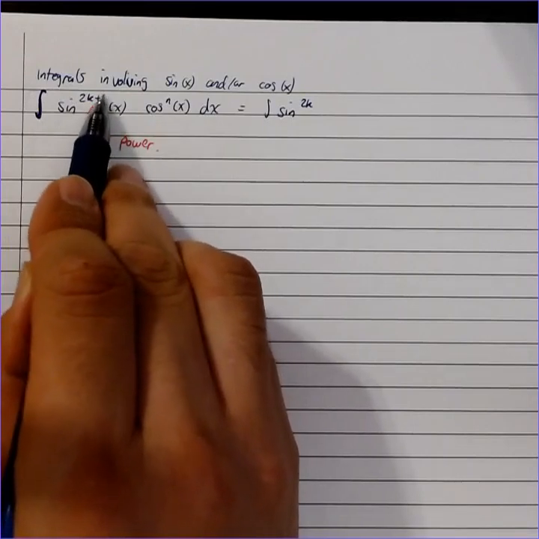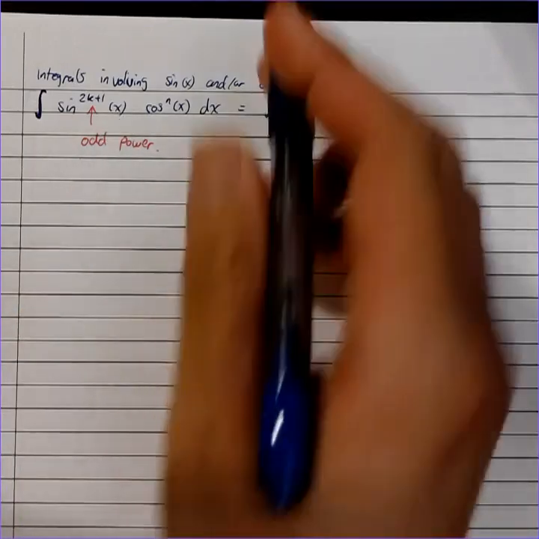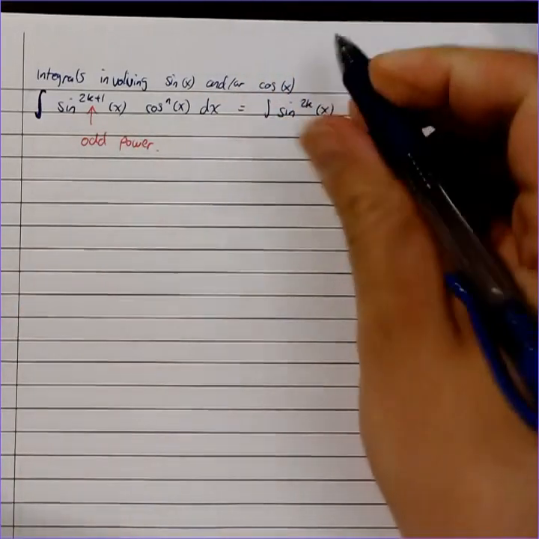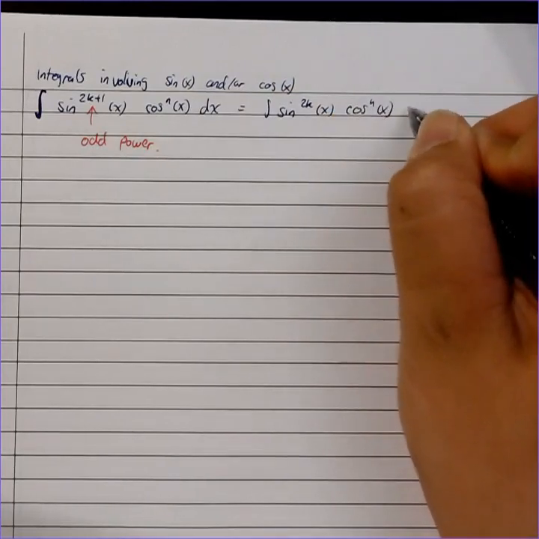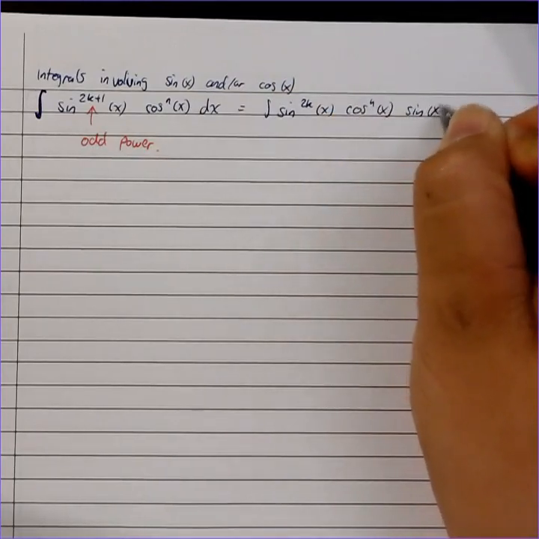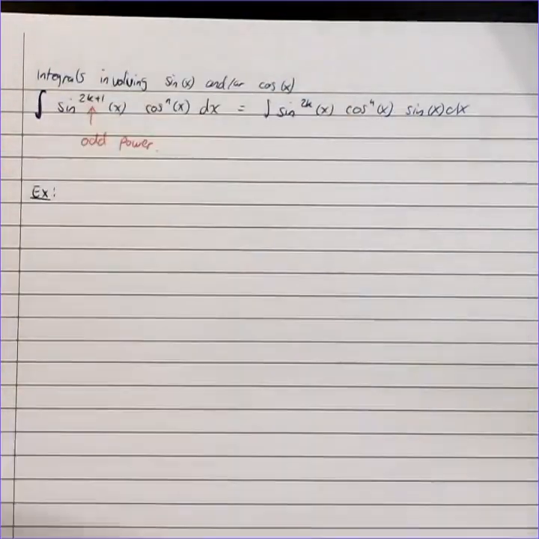And now you're going to take that single sine of x that was left over as a factor, and separate that. Here, I'm going to write the cosine to the power n first, and then I'll have sine of x dx. Okay, so why would we do that? Well, let's take a look at an example to see why that should happen.